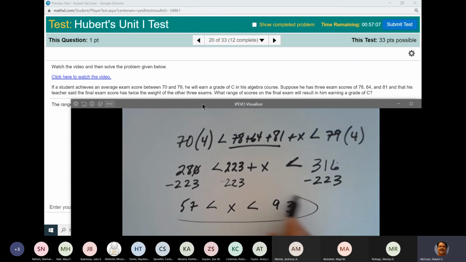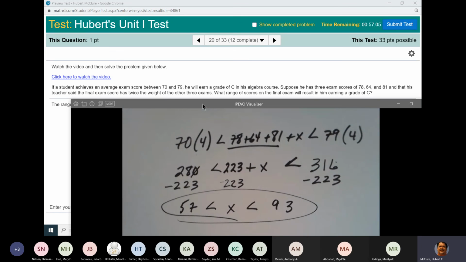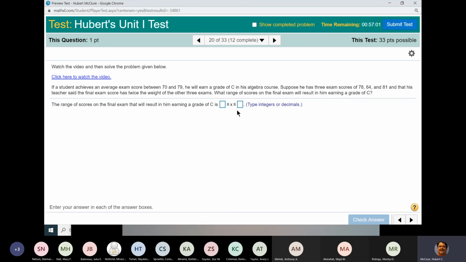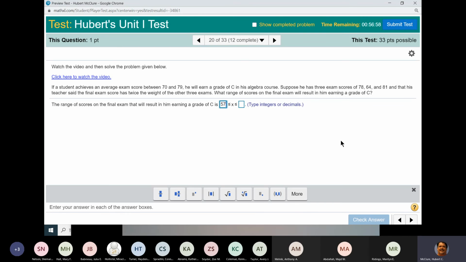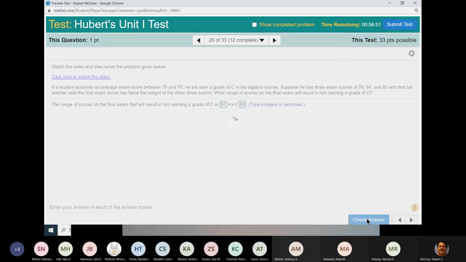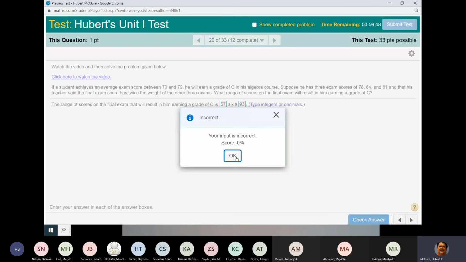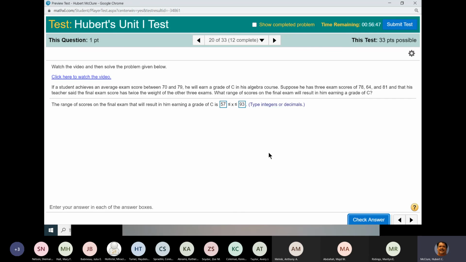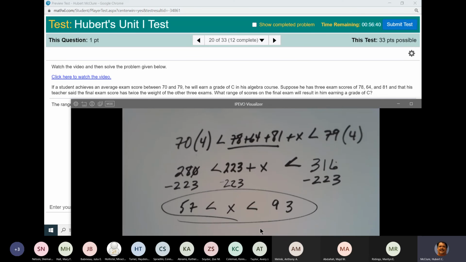So he's got to make between a 93 and a 57 or something like that. 57 to 93. And of course, they can be equal to. I wasn't really worried about that. Okay, somebody check my math right quick.